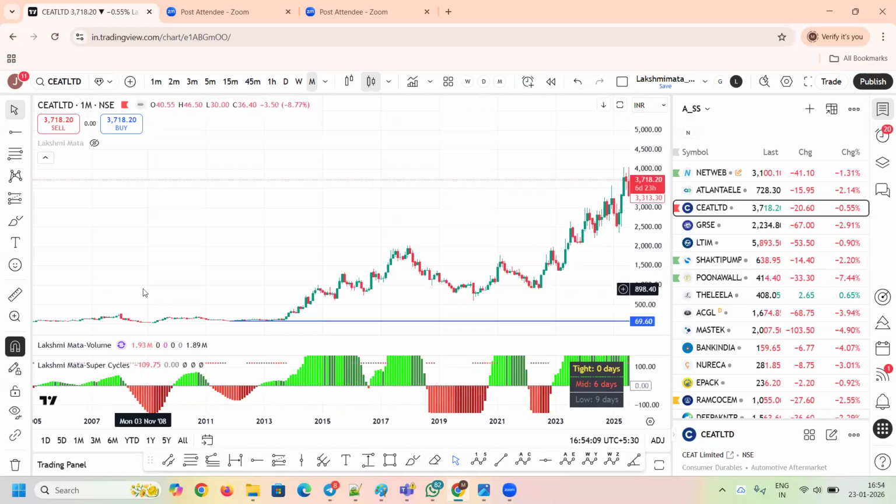When such things happen, what you need to understand is that when it starts moving up, it will move up a lot, meaning it has got strength. There is something happening after such a lengthy time. There is something happening in the stock, that is why it started moving up.